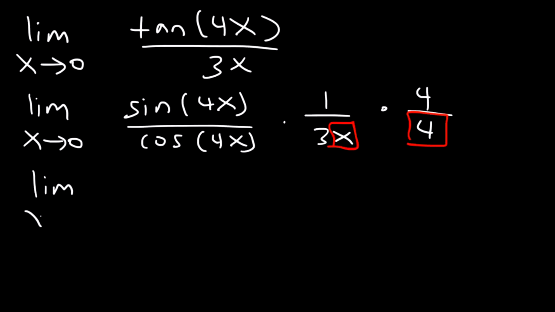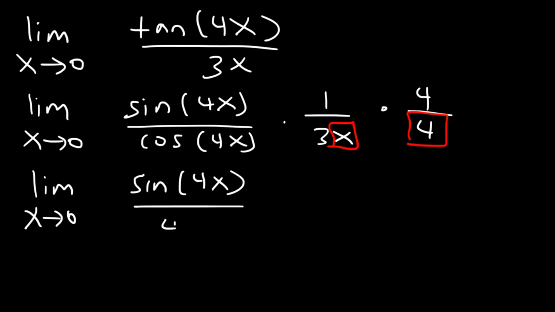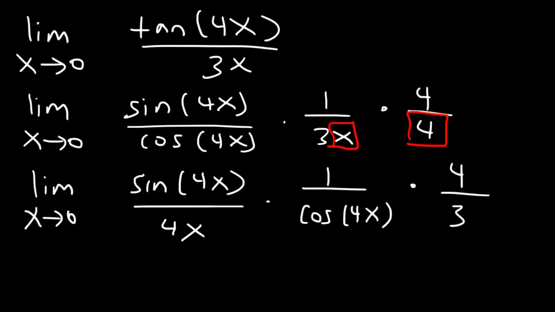So this is equal to the limit as x approaches 0, sine 4x divided by 4x times 1 over cosine 4x times 4 over 3. We had a 4 on top and a 3 on the bottom. Now let's say that y is equal to 4x.